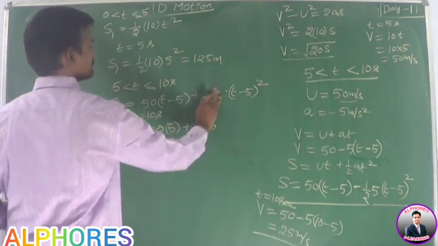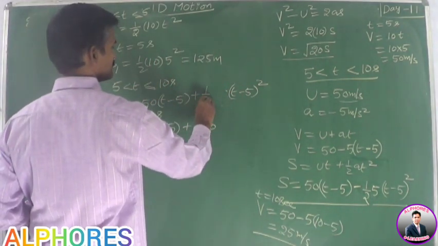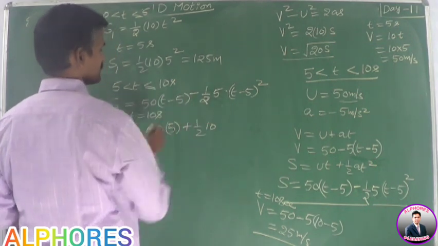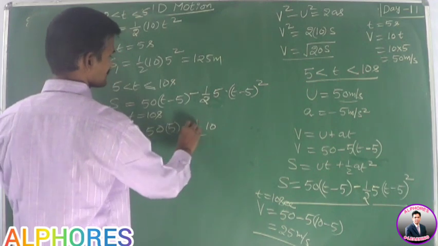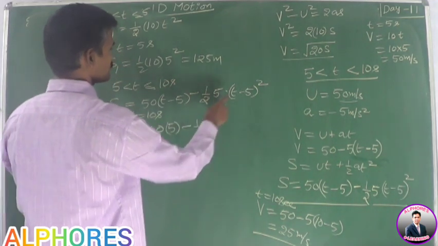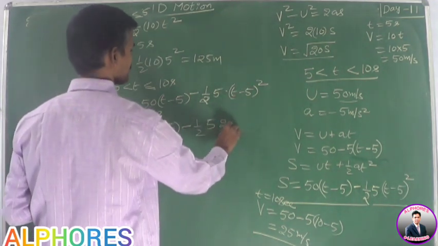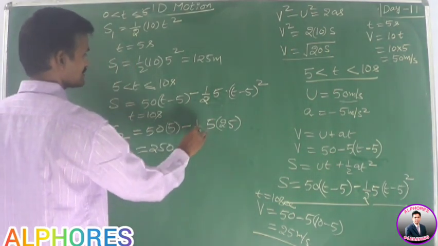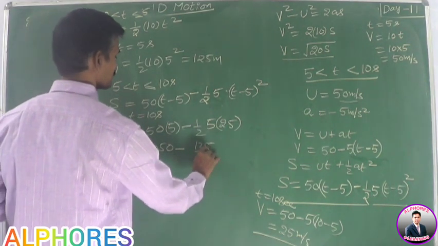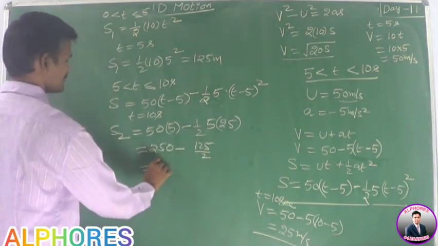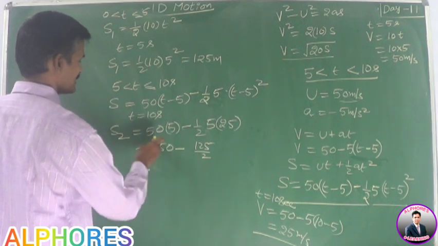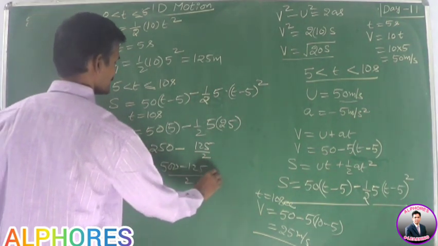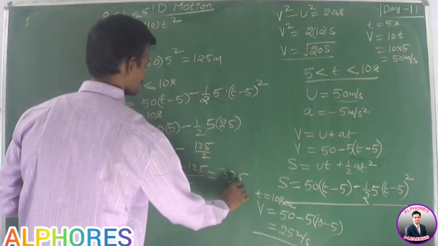So half into minus 5 into 10 minus 5 whole square, that is 25. So it is 250 minus 125 by 2, that is, taking LCM, 500 minus 125 by 2, that is 375 by 2.